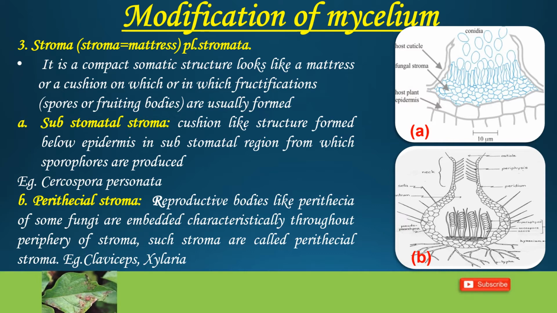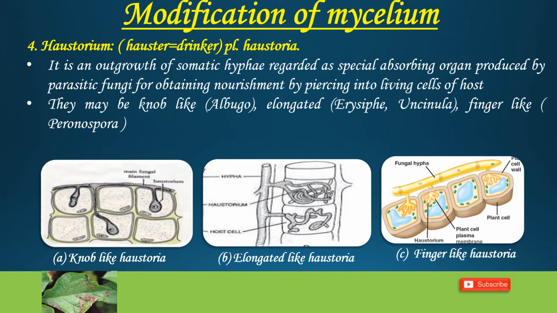The second one is the perithecial stroma. In perithecial stroma, reproductive bodies like perithecia of some fungi are embedded characteristically throughout the periphery of the stroma. Such stromata are called perithecial stroma, which we can find in Ascomycotina. Examples for this perithecial stroma are Claviceps and Xylaria, where reproductive structures are formed within the stroma. Next one is the haustorium. Haustorium means drinker.